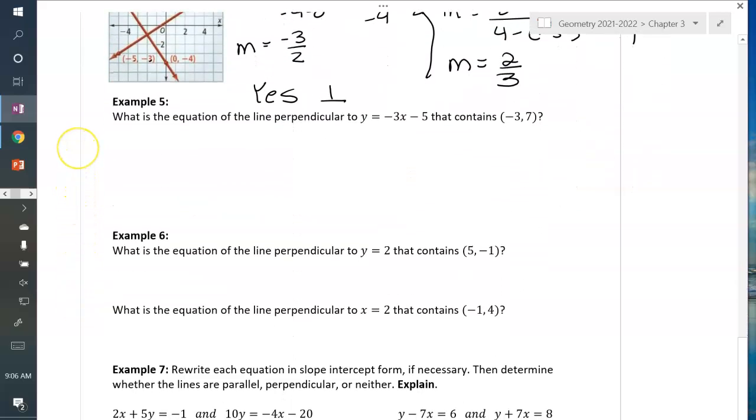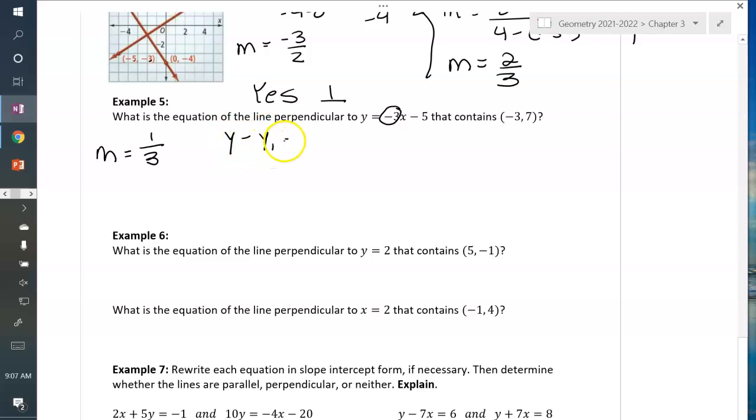Okay, now let's write an equation of the line perpendicular to y equals negative 3x minus 5. Take the slope, that's negative 3. Flip and switch. Flip it over, I get 1/3. Switch the sign, it was negative, it's now positive. That's my new slope. Do like we did before, okay?